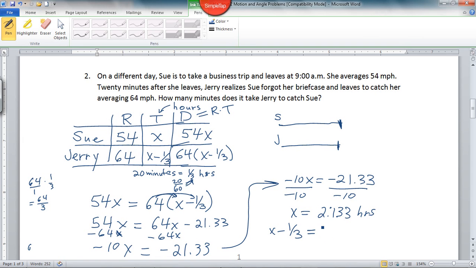So we take that 2.133 and subtract 1/3 from it, do that on my calculator here. 1.7996, so 1.8 hours.